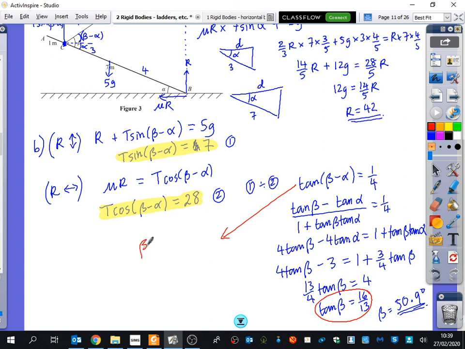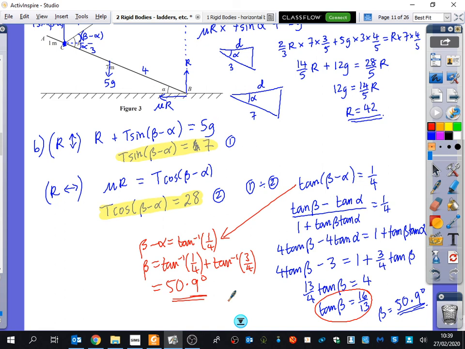We could have said beta minus alpha is the inverse tan of 1/4, so beta is the inverse tan of 1/4 plus alpha, and alpha is the inverse tan of 3/4. If you do that, you come up straight away with the answer 50.9. But I wanted to show you that if they said find the value of tan beta, you wouldn't have been able to find tan beta, only beta. And then if you did tan of that, you wouldn't have got the exact fraction that you needed there.